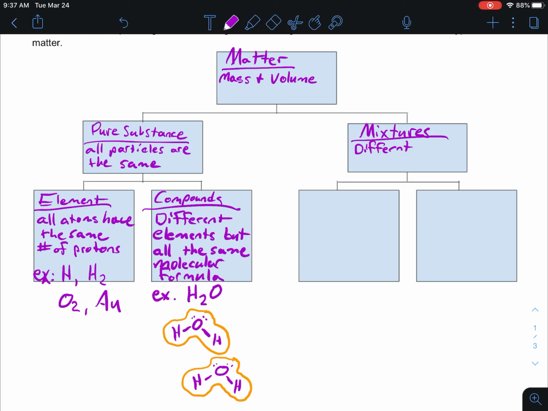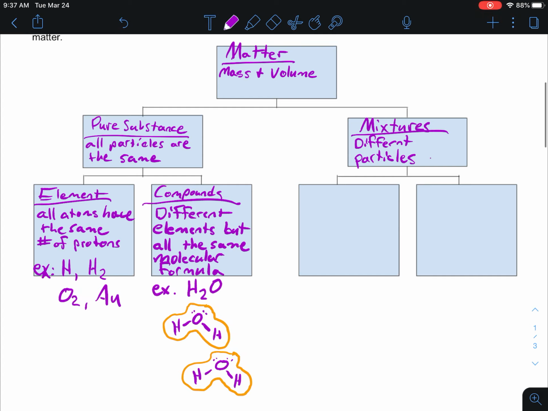Different particles, same space. So they are mixed up, hence the word mixture.